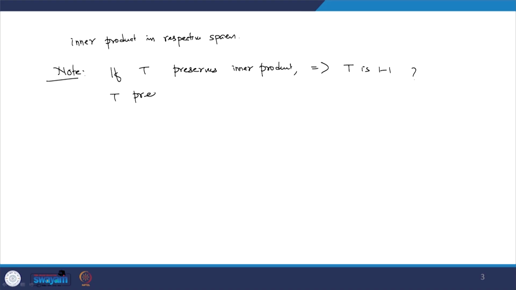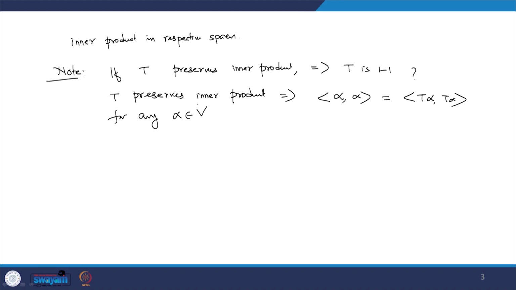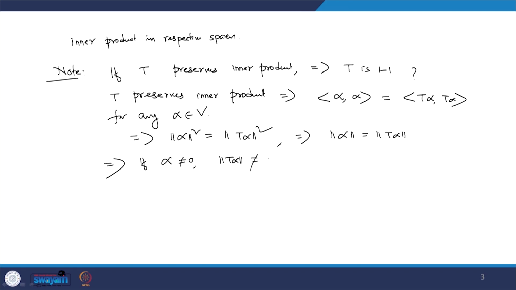T preserves inner product implies that inner product of alpha alpha will be equal to inner product of T alpha T alpha for any alpha belonging to V. So, this implies norm of alpha squared will be equal to norm of T alpha squared. Here norm is induced by the inner product. So, this implies norm of alpha equals norm of T alpha. So, this implies that if alpha not equal to 0, the norm of T alpha not equal to 0. This implies T is 1 1.